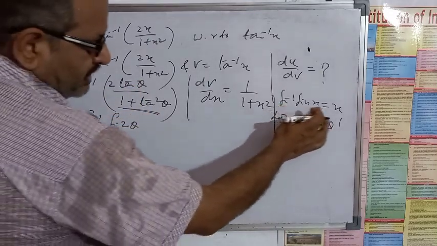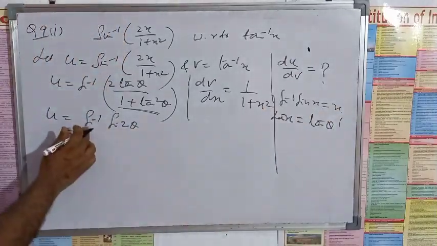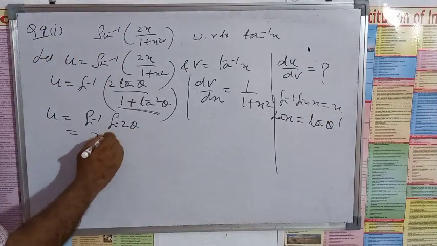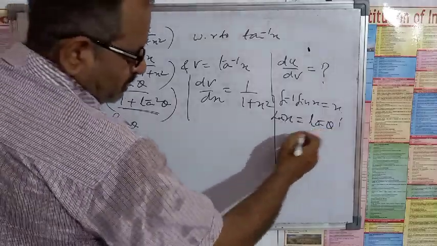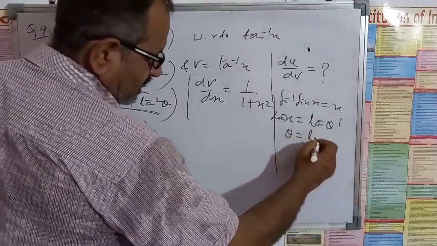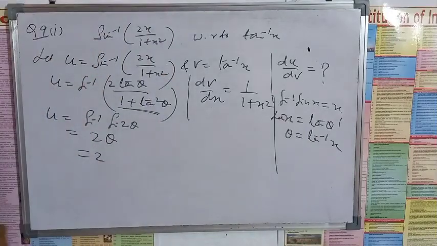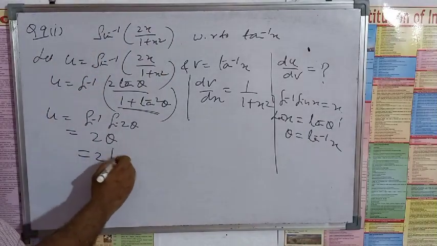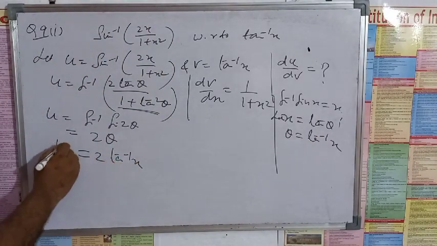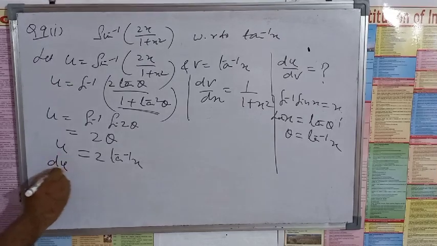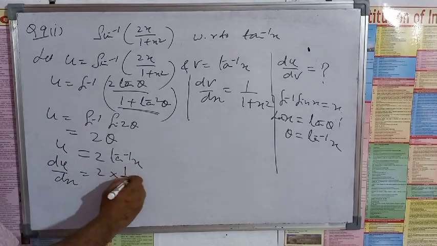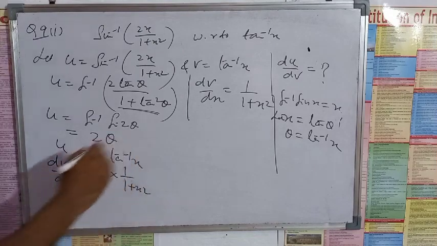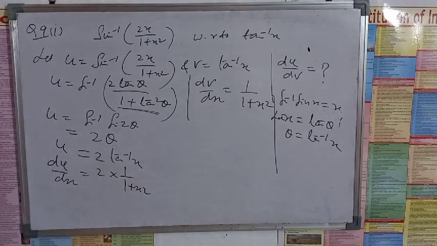Apply the property sine inverse sine x is x, so sine inverse sine 2 theta is 2 theta. If x is equal to tan theta, what will be theta? Tan inverse x. So write here 2 tan inverse x. Now differentiate: du by dx, 2 is constant, derivative of tan inverse is 1 upon 1 plus x square.